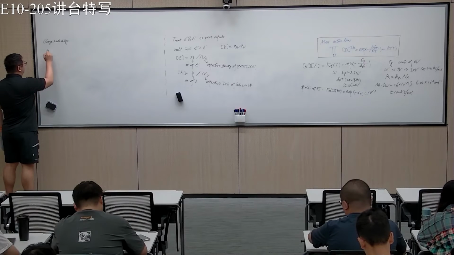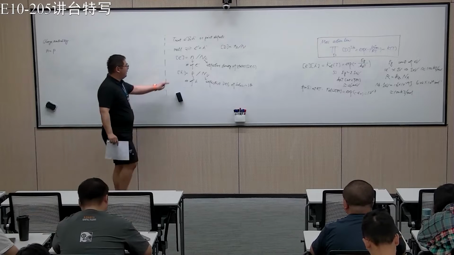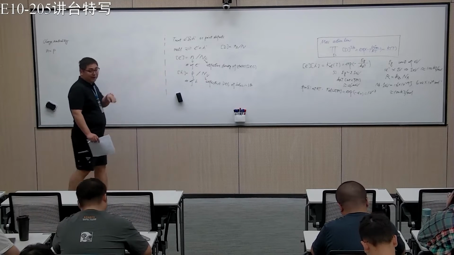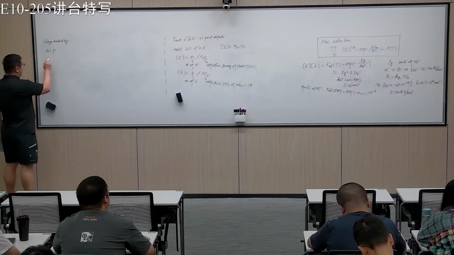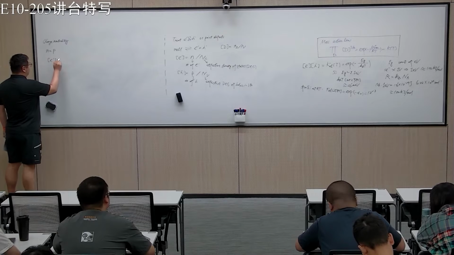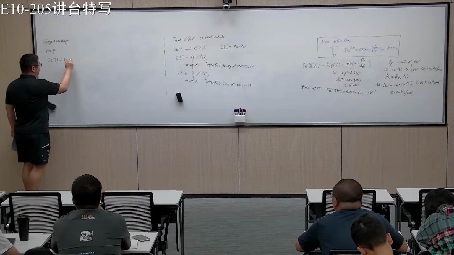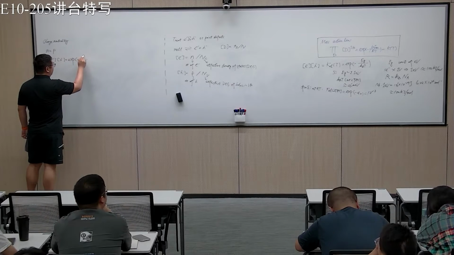Then N should equal P. It's very easy to understand: the number of electrons should be the same as the number of holes to reach charge neutrality. So what does that mean? This times this is exponential minus E_G over k_BT.